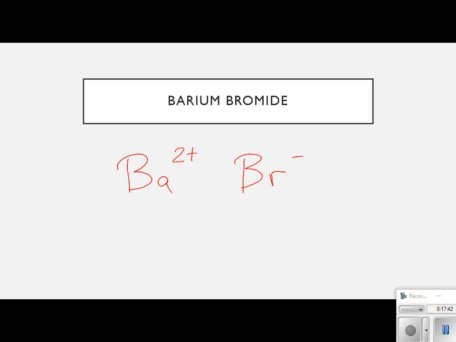All right, so I've already got Ba there, so I'm going to need 2 of the Br. So when I write out my formula, BaBr2, with 2 as my subscript. Are we okay with that? We okay thus far? I got thumbs up.